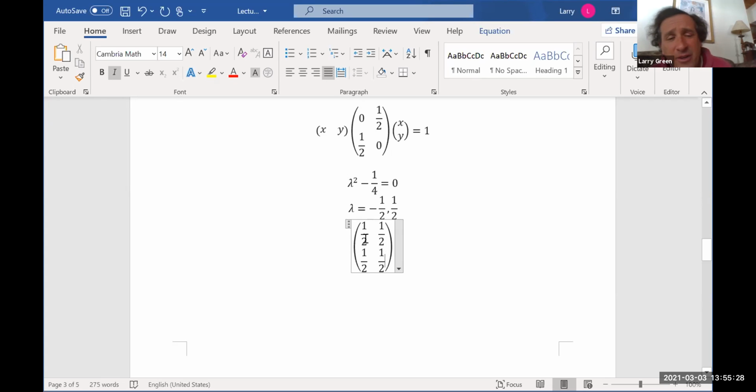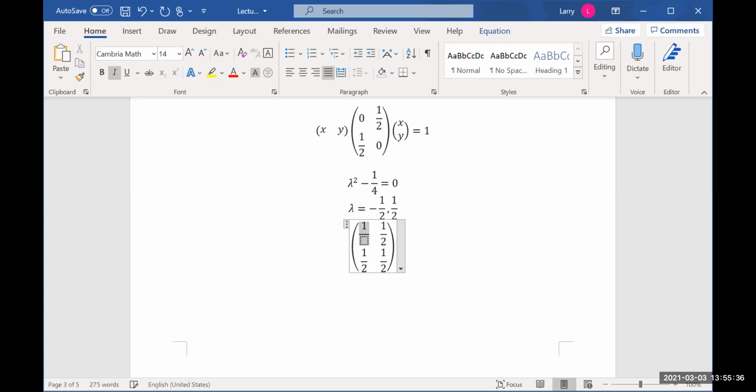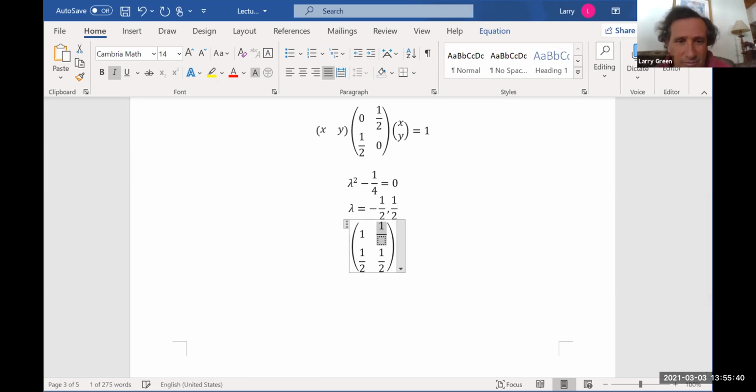Hopefully you don't need a computer to RREF this. What do you get? 1, 1. Yeah, you just get 1, 1, 0, 0. Okay. And that immediately tells us what we have.